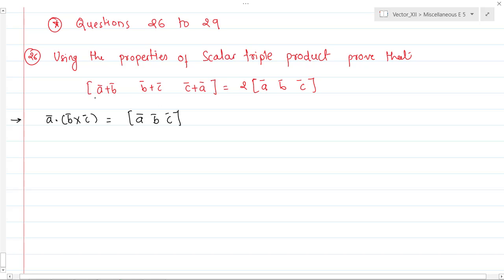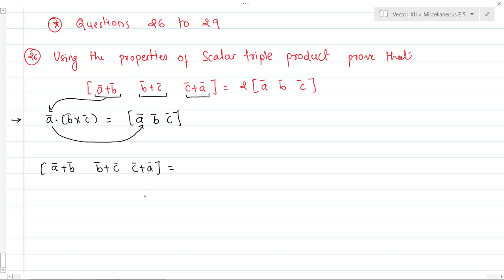If we have three vectors inside the box, then the first one is outside, taken with the dot product. So it is a bar dot b bar cross c bar. Same way here, this is the first one. What is given here is a bar plus b bar, the first vector, then b bar plus c bar is the second vector, and c bar plus a bar is the third vector.